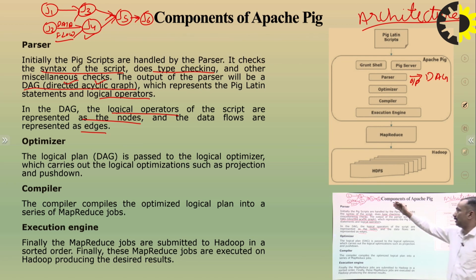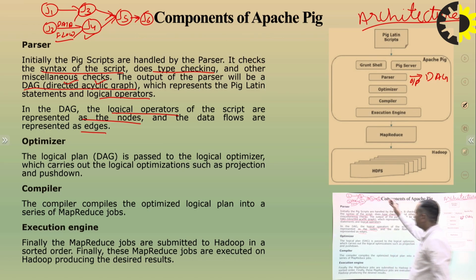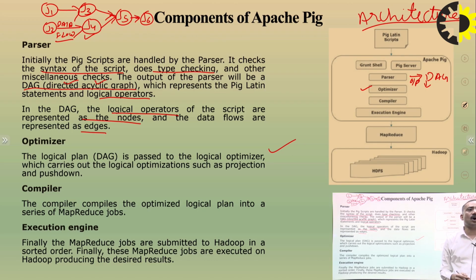So this is a logical plan of how the data will be executed. Then we have the optimizer. The directed acyclic graph will be passed to this optimizer that carries out the logical optimization. So it will perform optimization, as the name implies. It will optimize our logical plan. So the optimization task will happen here.